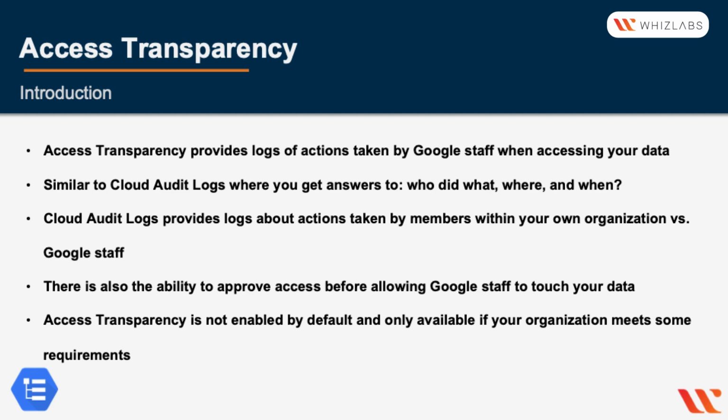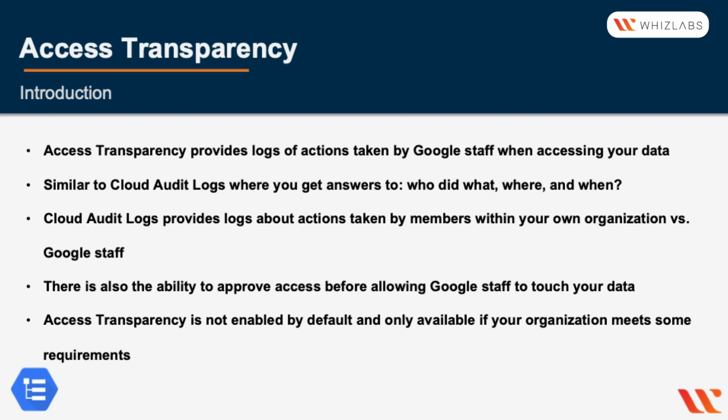So in an effort to completely separate these two things and create proper transparency, they introduced this new thing called access transparency, where any actions that are taken by the Google staff when accessing your data are also logged separately. This is a fairly new feature, so they're still developing it, and it'll be an ongoing thing.